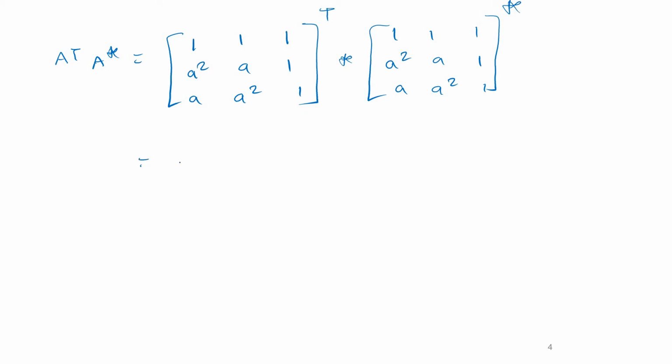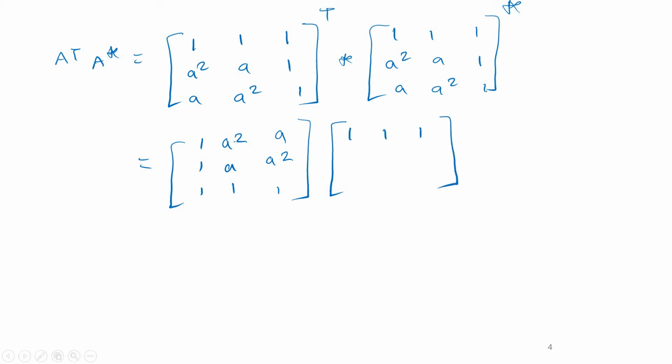So now the transpose of this matrix will be 1 1 1, a square a 1, a 1 a square. Now the conjugate. One conjugate will not change. So what is the a square conjugate? I have given some relations for a square.